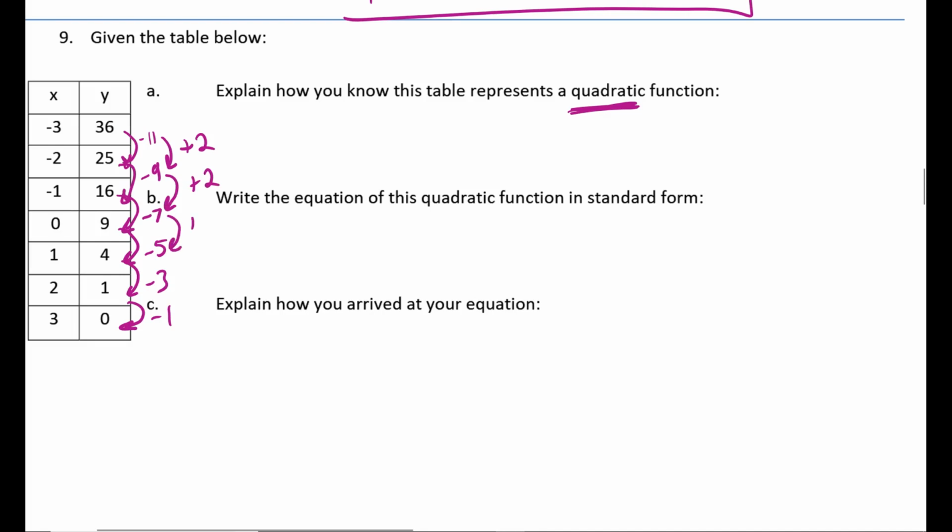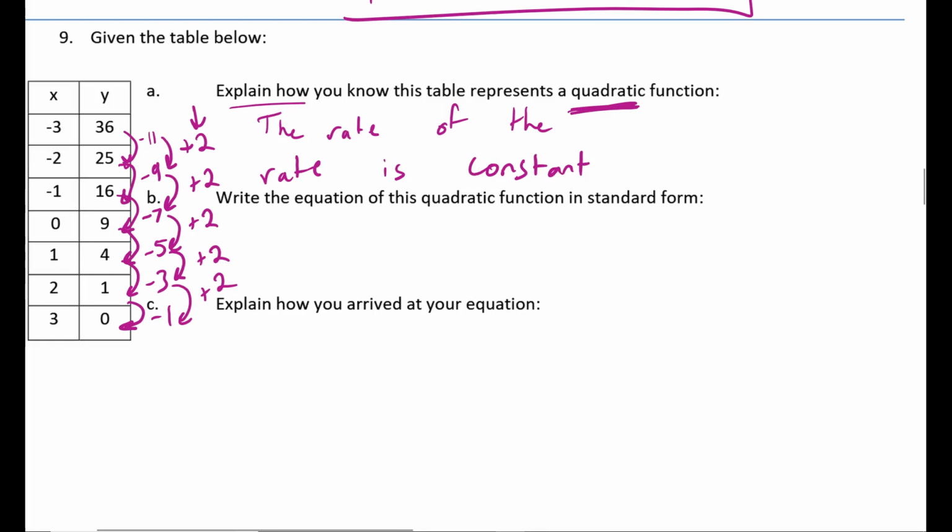Same deal for -7 to -5, -5 to -3, and -3 to -1. So in this case, this second difference here, or the rate of change of the rate of change, is constant. That means that a quadratic function would best be suited for this data. So if you're asked to explain how you know, you could say the rate of the rate is constant.